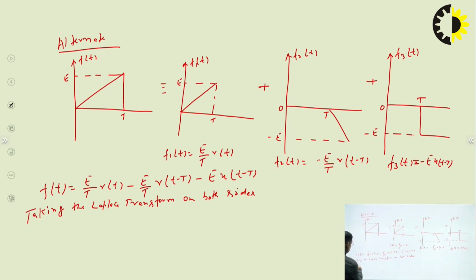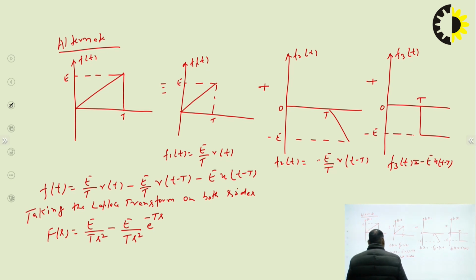So this is F(s) equals E by T s square minus (E/T s square) e to the power minus Ts.